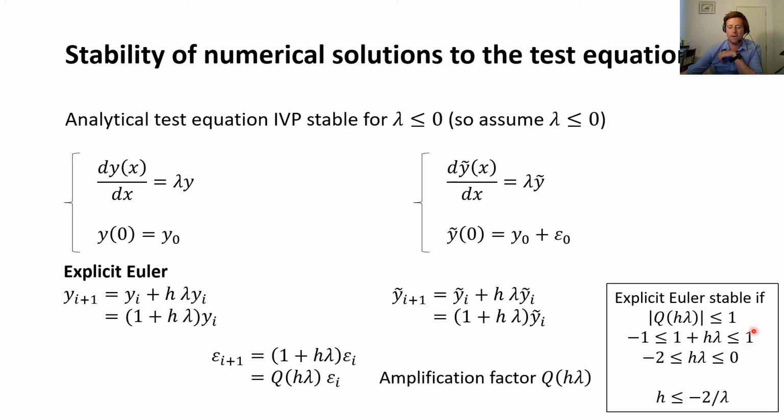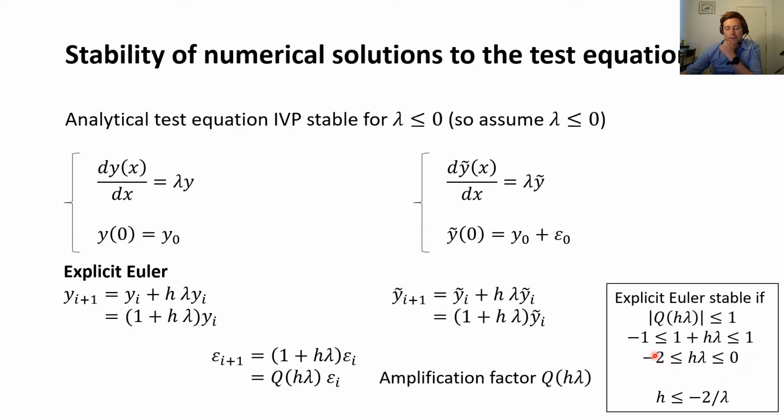That's equivalent here. Now we can subtract 1 from all sides of the inequality, so that we have -2 is smaller than or equal to h lambda, which is smaller than 1.